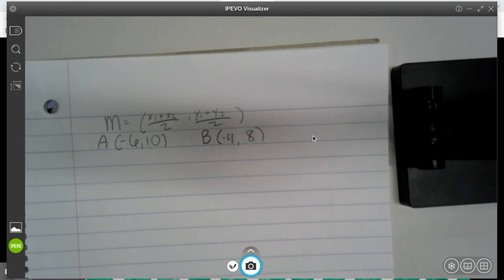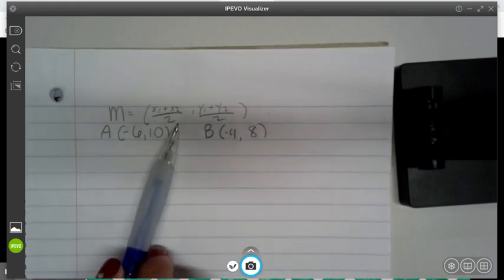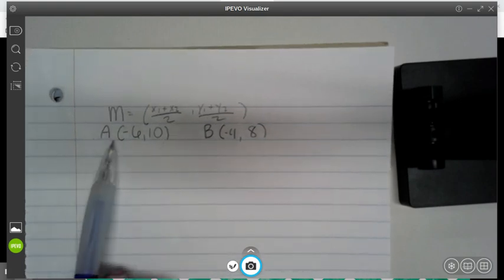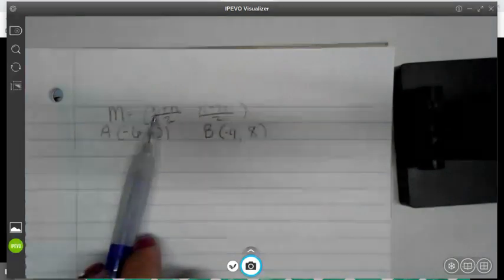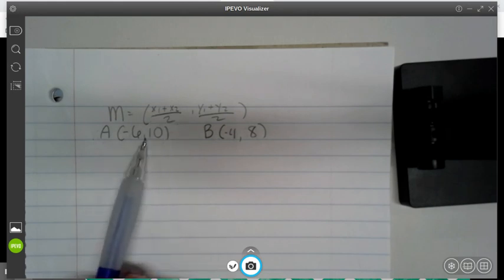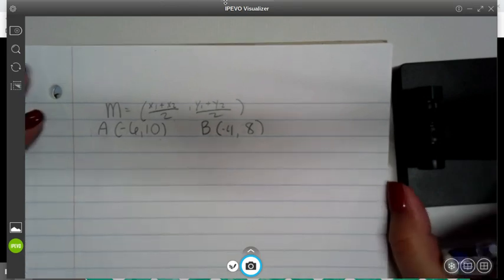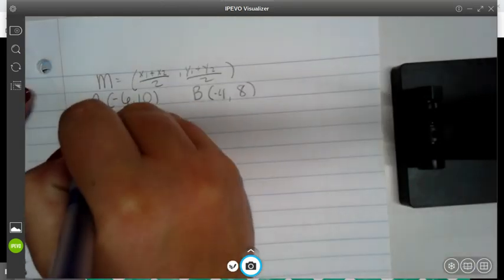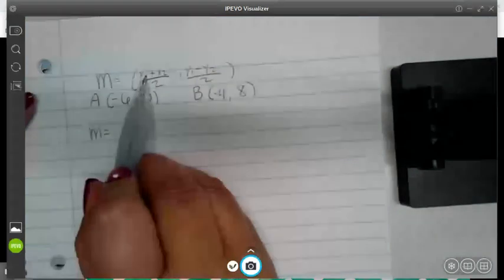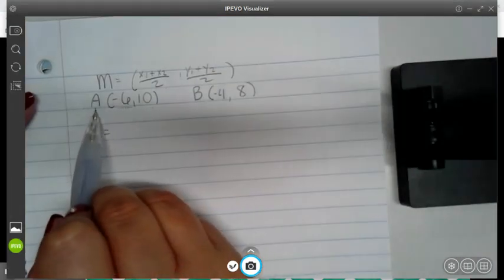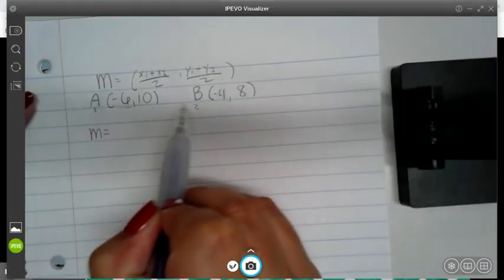So I have my midpoint formula set up here. These are my endpoints here. We're just going to sub in these numbers. So M equals, we need x1. A will be our 1 and B will be our 2's.